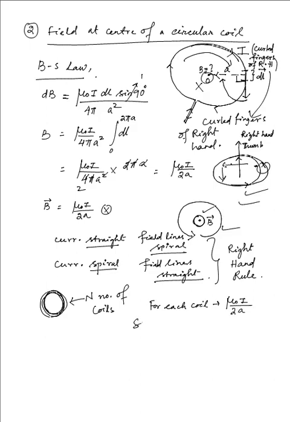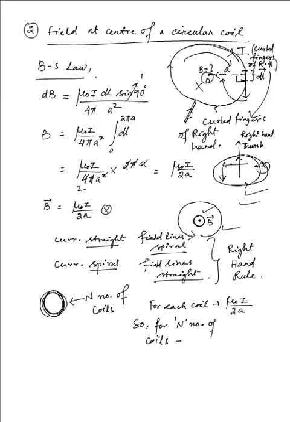So for n number of coils, because they are directed along the same line, the magnetic field will also be directed along the same direction.